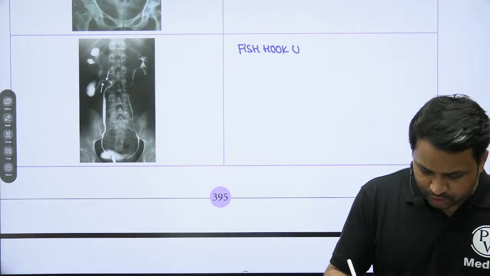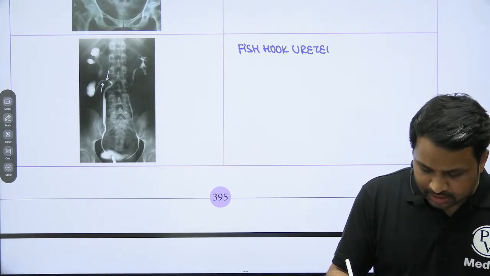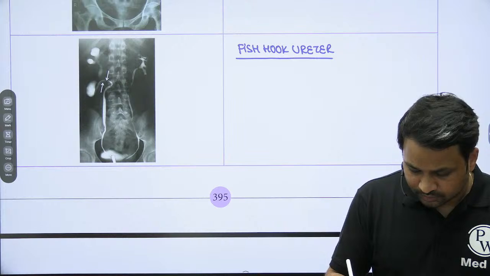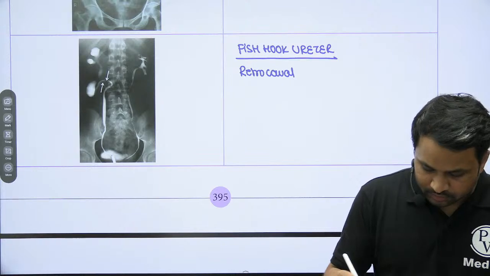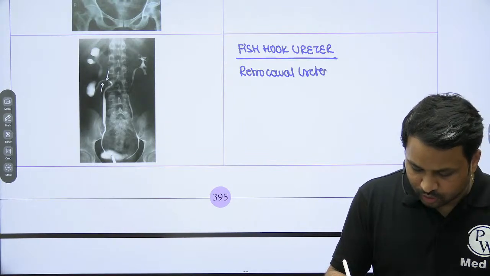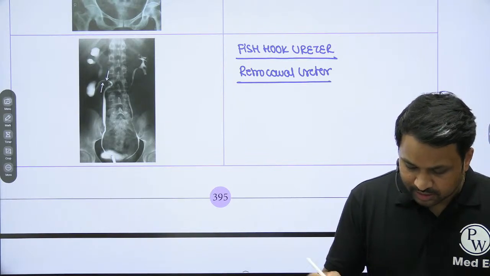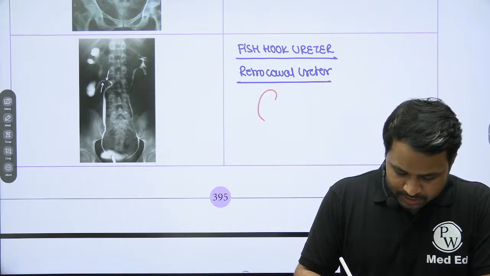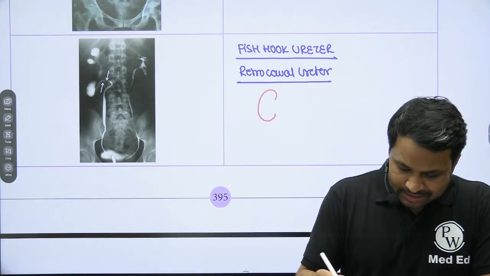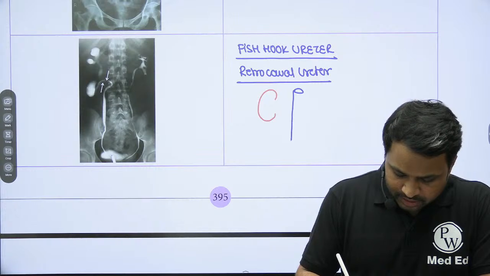The fish hook ureter is seen in retrocaval ureter. So the ureter is going to go around the IVC, right? Now those who are not able to comprehend, you will notice this is the kidney which is present, right? And this is the inferior vena cava which is running here.